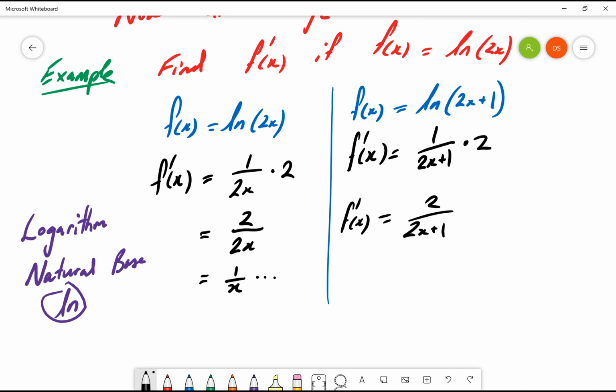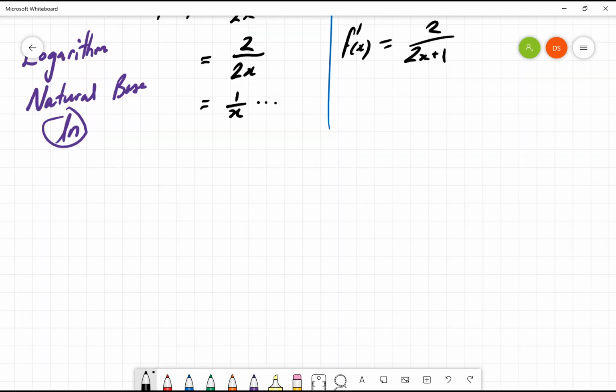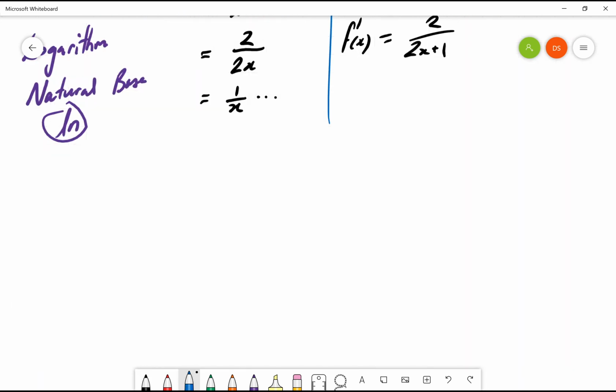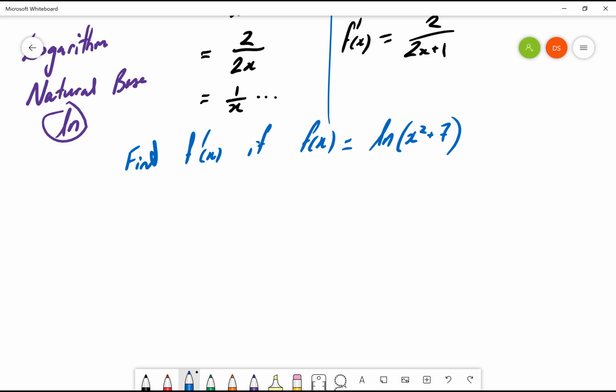Shall we try something slightly more complicated? I will take that as a yes. Find f dash of x if f of x is equal to ln of x squared plus 7. Alright, similarly, let's give this a go.